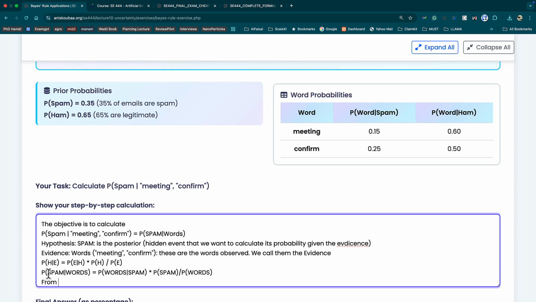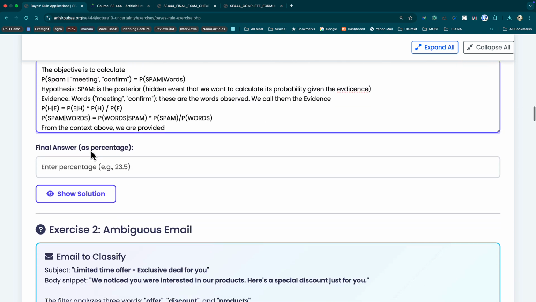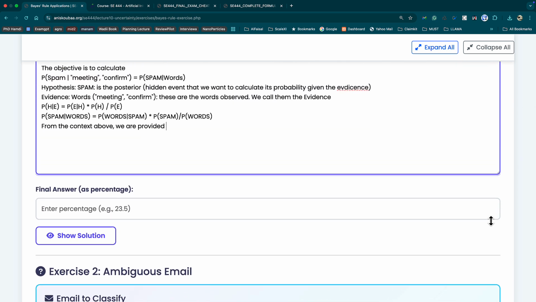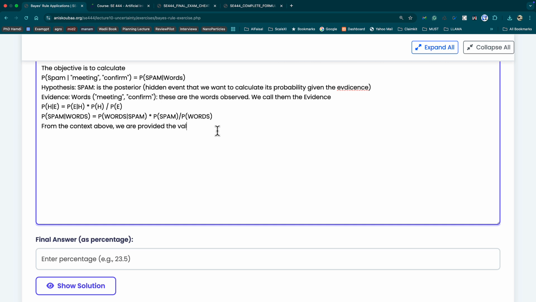So from the context above, we are provided the value of P of spam. This is what is given to us, right? Which is equal to 0.35.